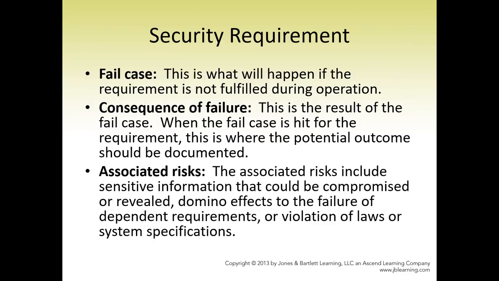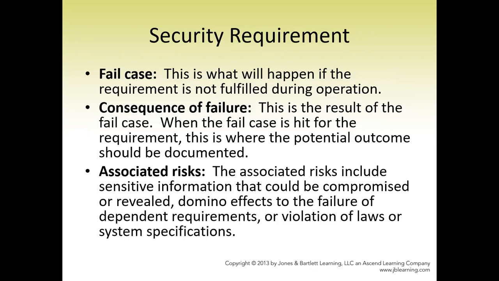So, for a security requirement, we have the failed case. This is what happens if the requirement is not fulfilled during operation. Consequences of failure is the result of the failed case. When the failed case is hit for the requirement, this is where the potential outcome should be documented. What if I have a security breach?